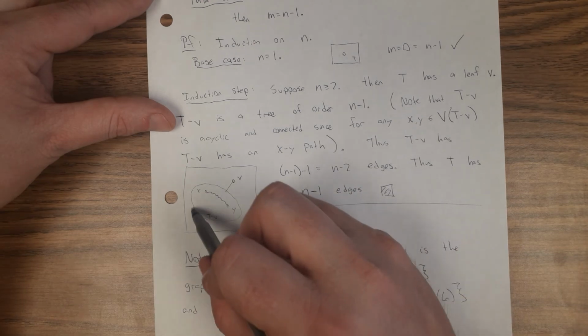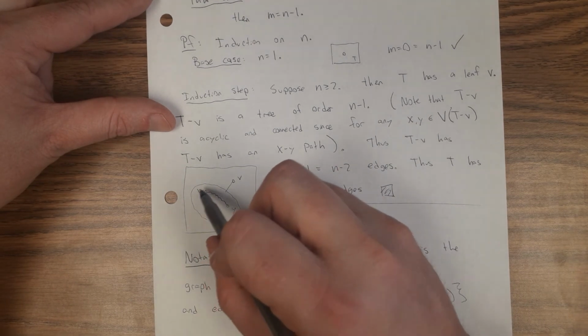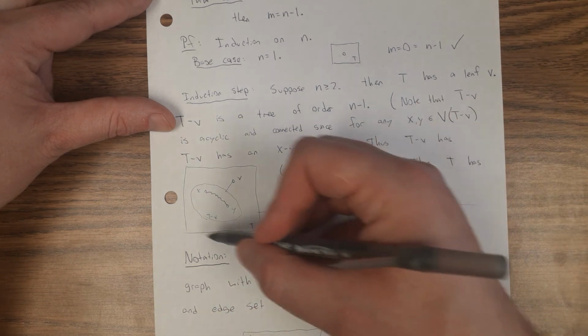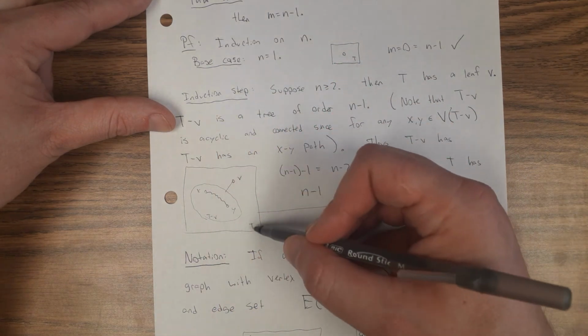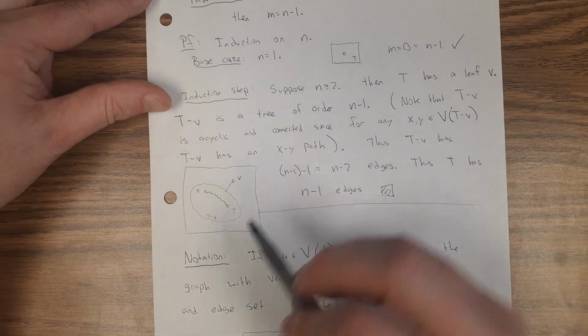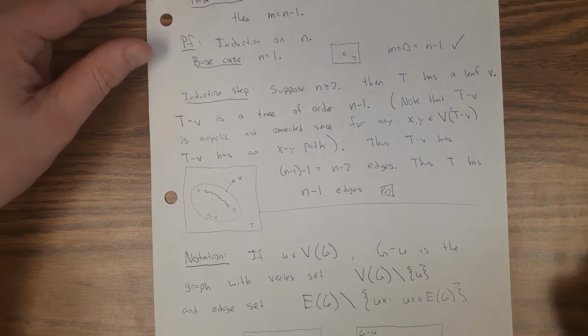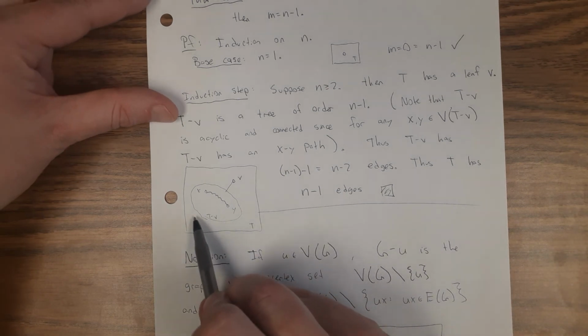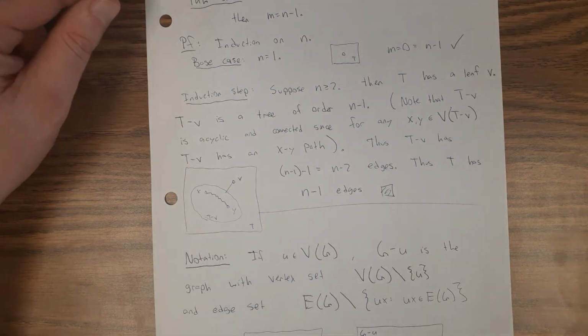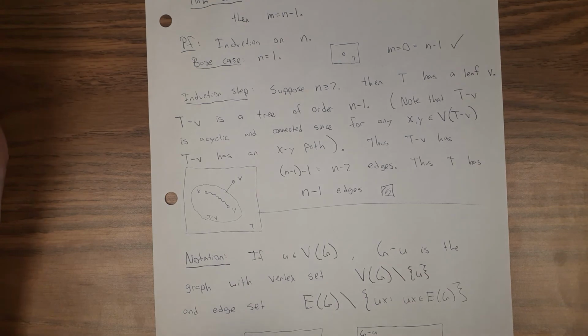Maybe we're imagining in this bubble we have T minus V, and in the big square I've got T. The only difference is that T has the vertex V, which is connected to one other vertex. And of course, when I consider the graph T minus V, there's no more V.